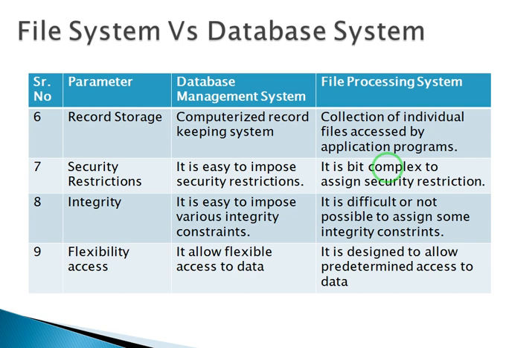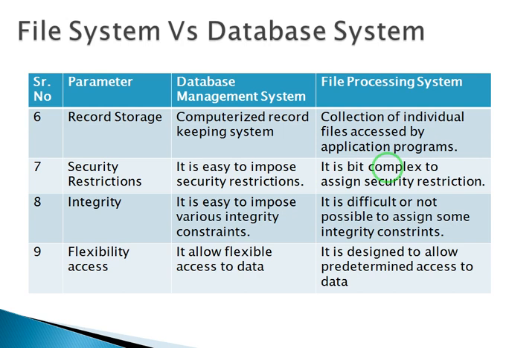Next is security restriction. It is easy to impose security restrictions in a database management system, but it is a little bit complex in a file system. We already saw integrity constraints.